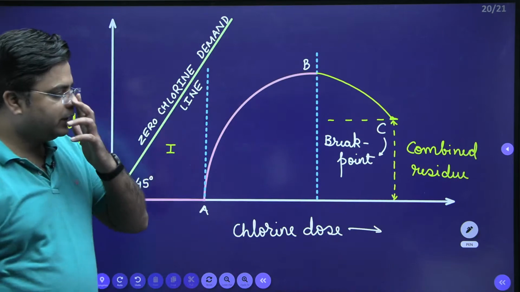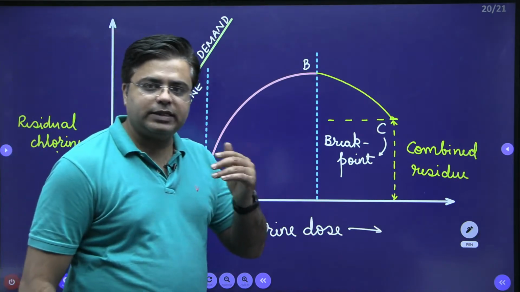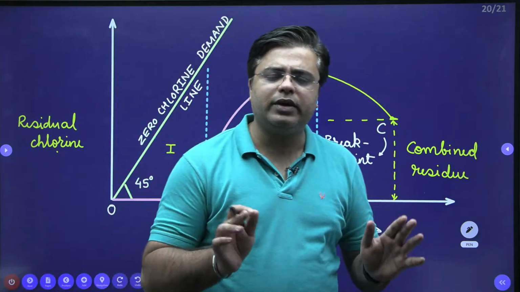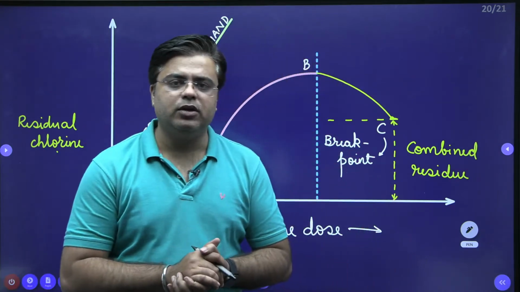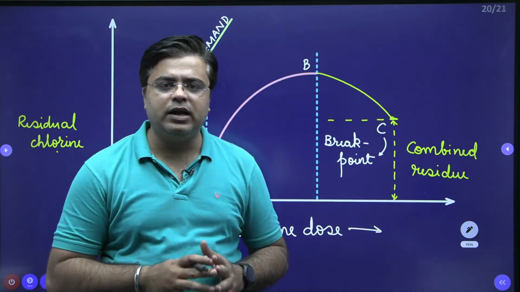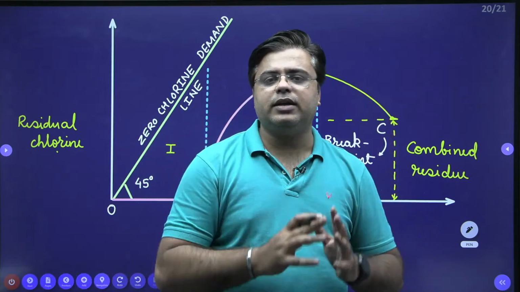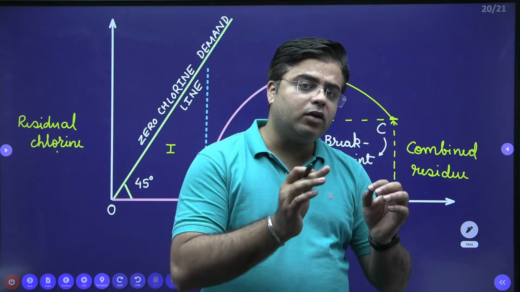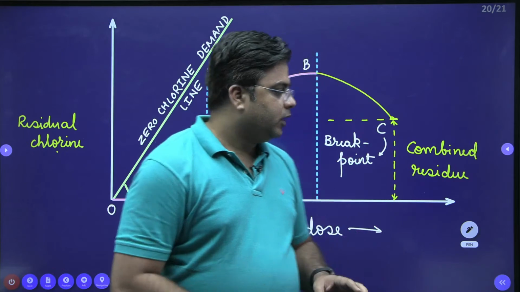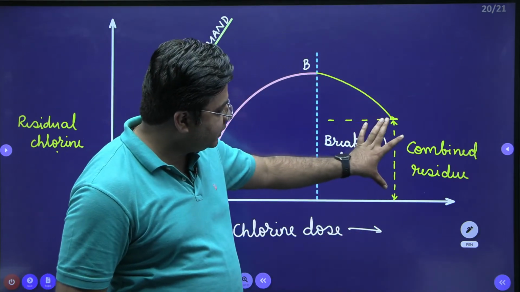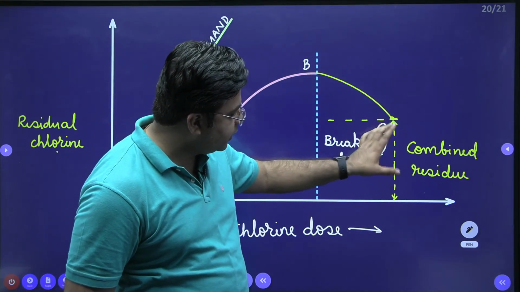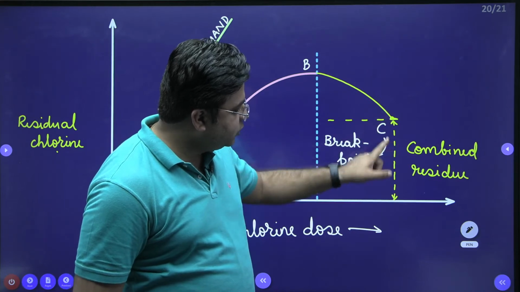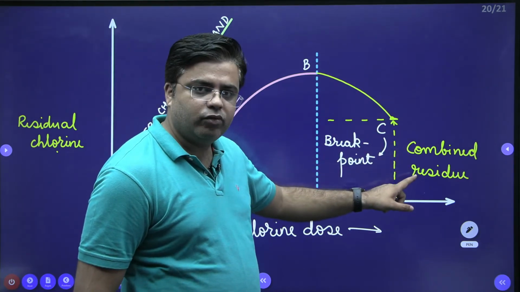C is known as the break point, which tells us that all the microorganisms present in the system are killed, all the inorganic matter is oxidized, all the organic matter is oxidized. Now, this much amount of residual chlorine which is left at point C is known as combined residue.